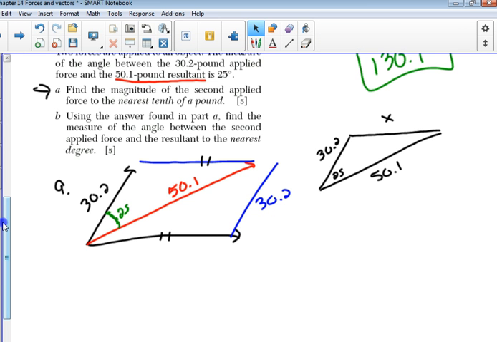Cosines. You got 3 sides, 1 angle. Do you have to understand how to set up and draw the picture? Sure. You got 2 angles.